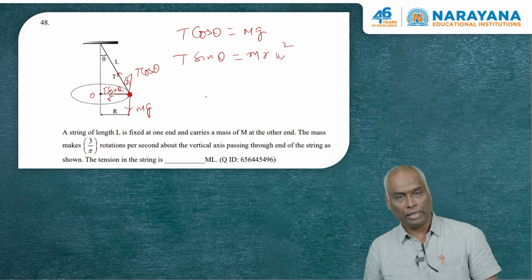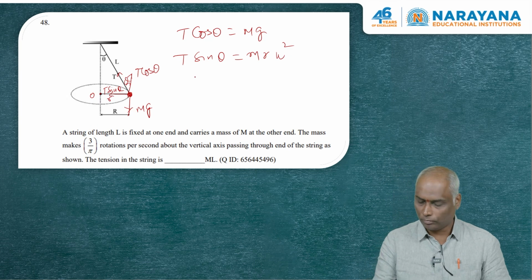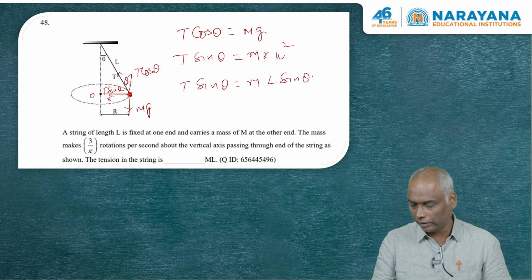In the question, length L is given. The relation between length L and radius is sin theta equal to r divided by L. Therefore, T sin theta should be equals to m into r, which can be written as L sin theta, into omega square. Sin theta will get cancelled. Therefore, T becomes equals to m L omega square.